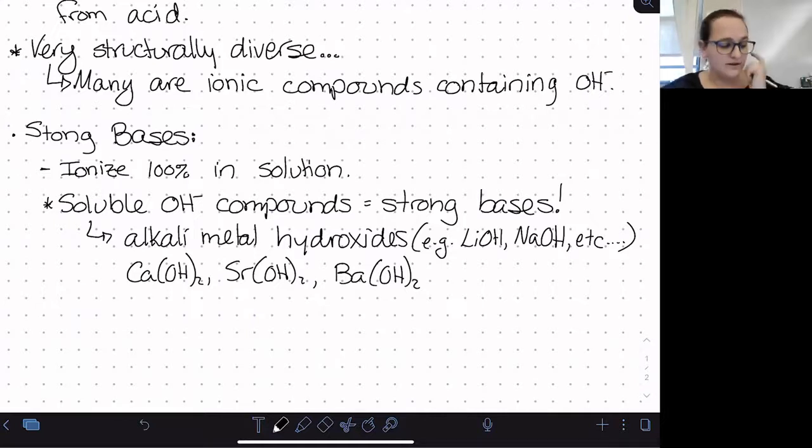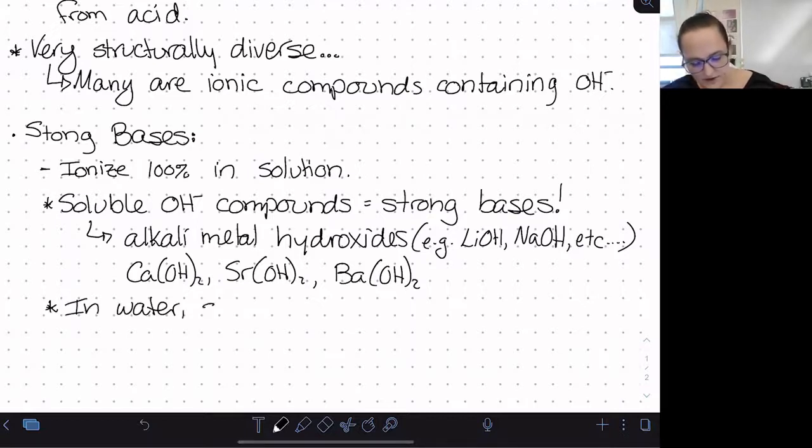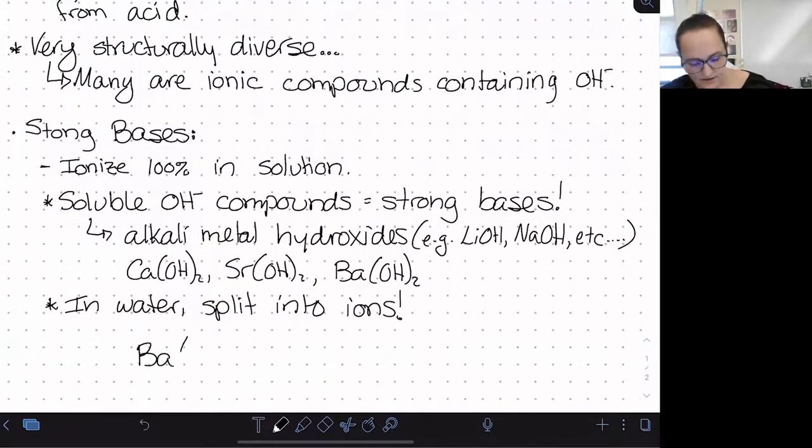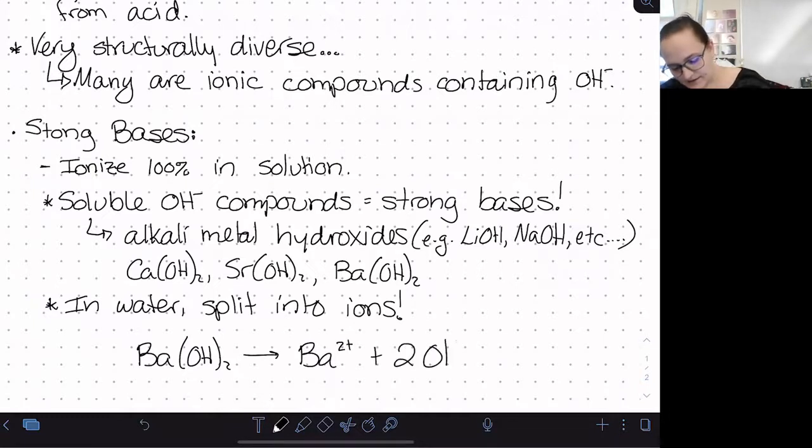So all of the soluble hydroxide compounds are considered to be strong bases, meaning that they do dissolve. Any ionic compound that dissolves splits into its ions. And for the strong bases, that is essentially all that really happens. So if we have a strong base, let's say barium hydroxide in water, whatever barium hydroxide is actually dissolved exists as barium ions and hydroxide ions.